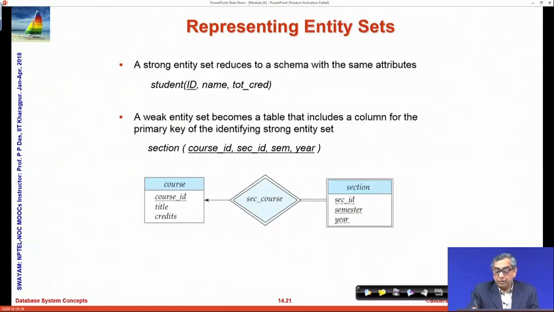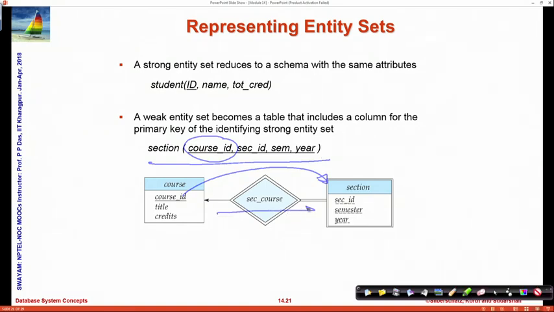So, you can see that in the ER model the section did not have course ID as an attribute, but while we reduce this to the relational schema through this sec course relationship, we have borrowed the primary key of course, the course ID, and added that to section to make it a complete relational schema.